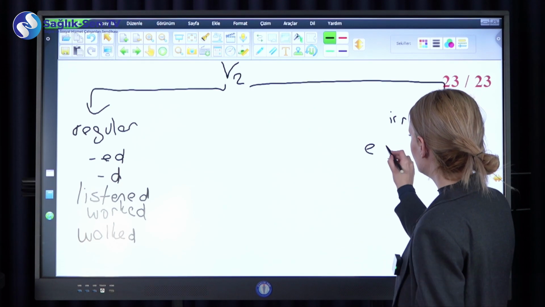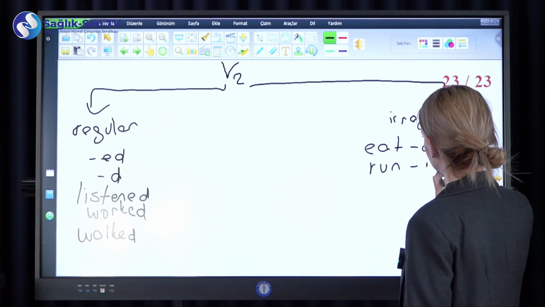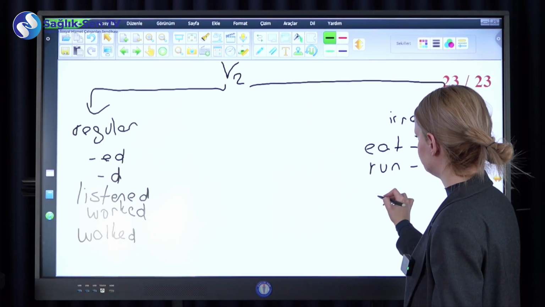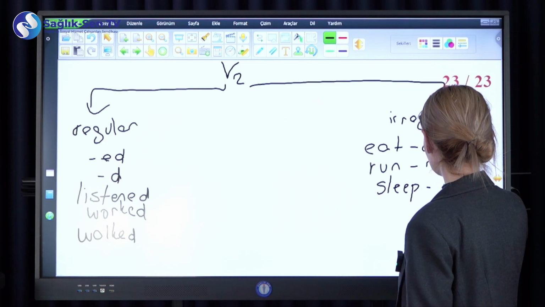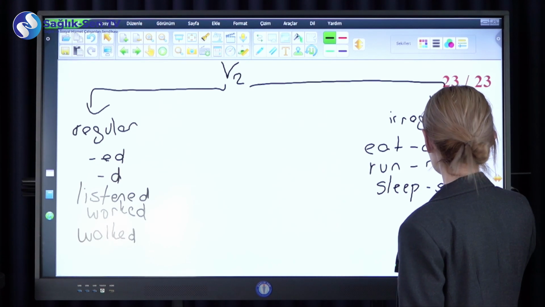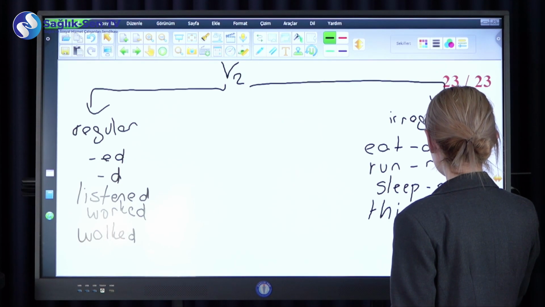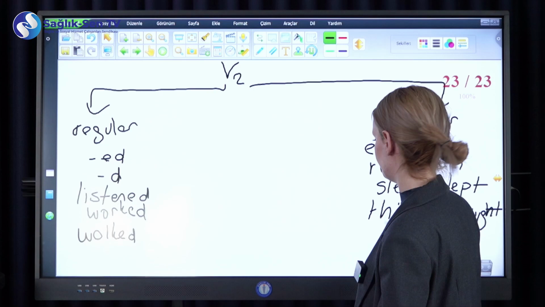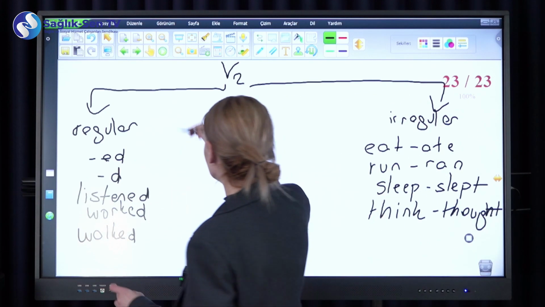For example, eat, ate, run, ran, sleep, slept, think, thought. So we have to memorize these irregular verbs.